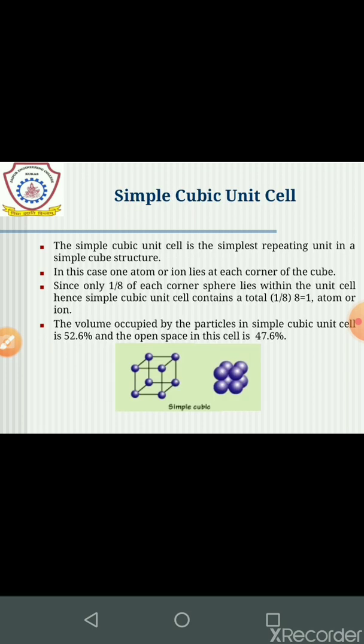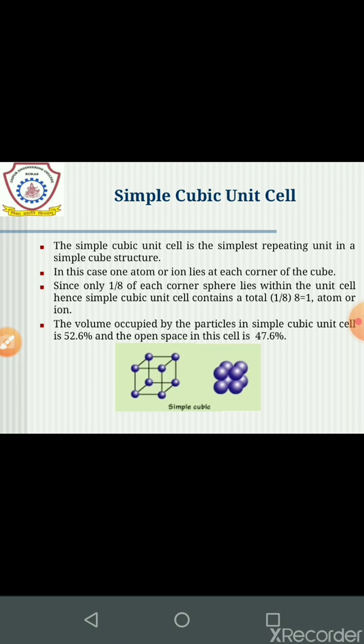Now come to the first one, the simple cubic unit cell. The simple cubic unit cell is the smallest repeating unit in the simple cubic structure, as we studied earlier.